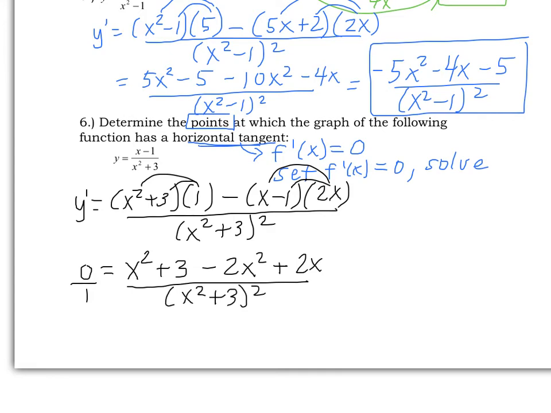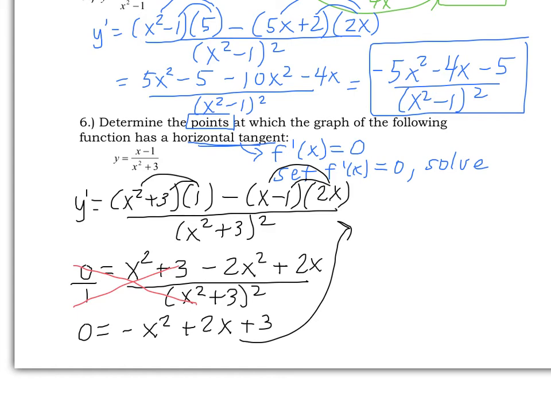this denominator squared. Now if I put this 0 over 1 and cross multiply, notice that the 0 is going to wipe out the bottom. You'd have 1 times the top. So what's left here is just our top. If I combine my like terms up top, I have 0 equals negative x squared plus 2x plus 3.